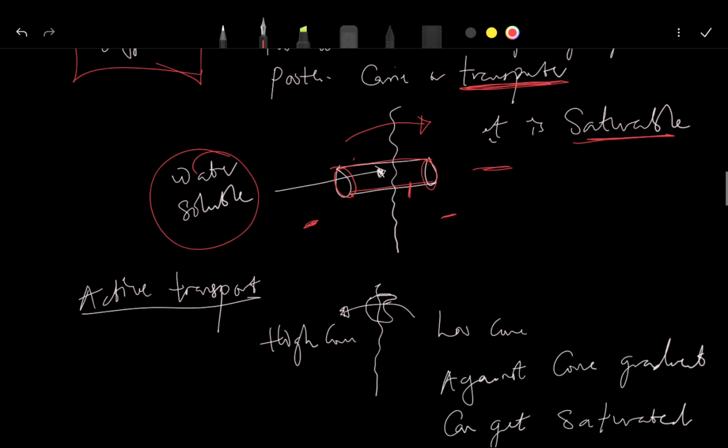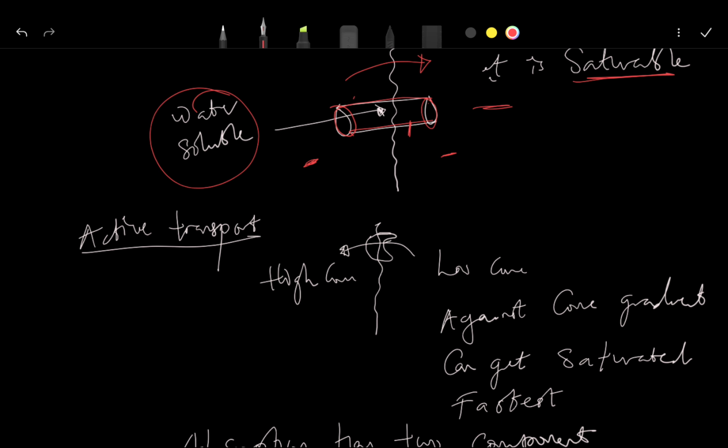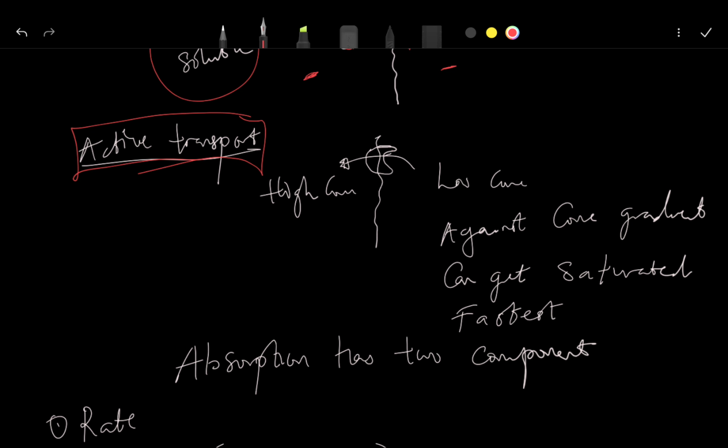Now, the last method of movement of molecules across the membrane is active transport. By active transport, we use a carrier molecule that is coupled with ATP. In this form, the molecule moves from low concentration to high concentration.